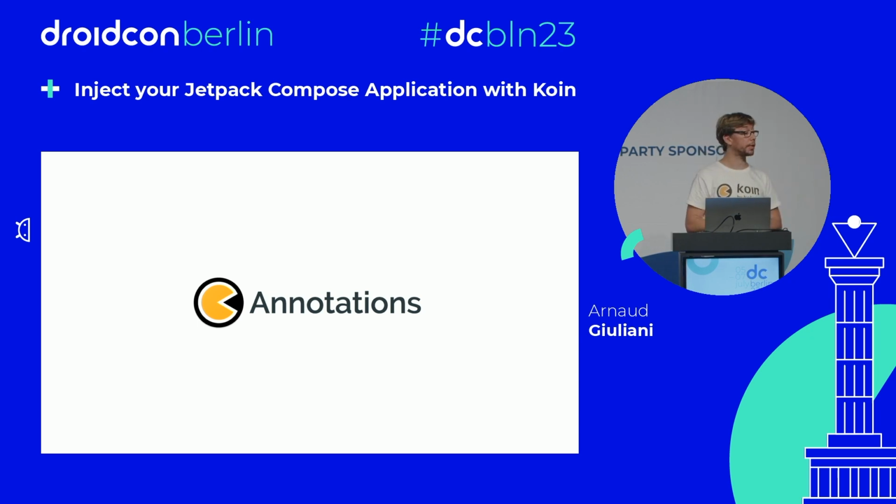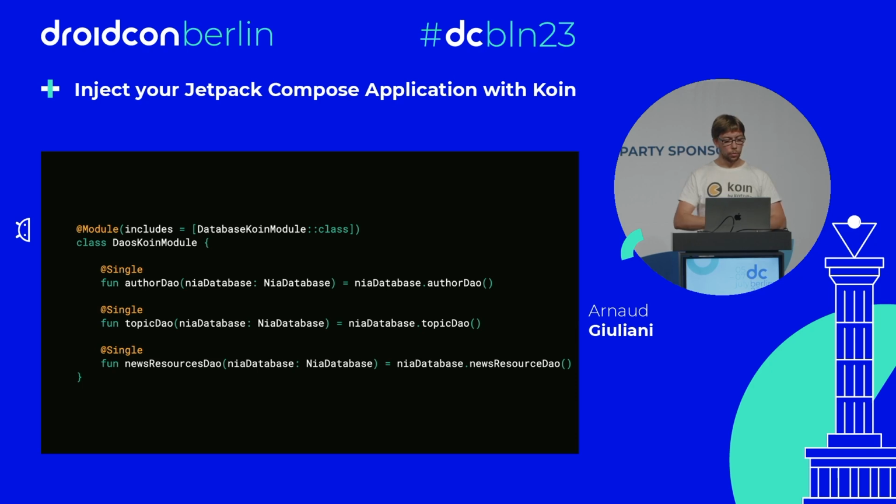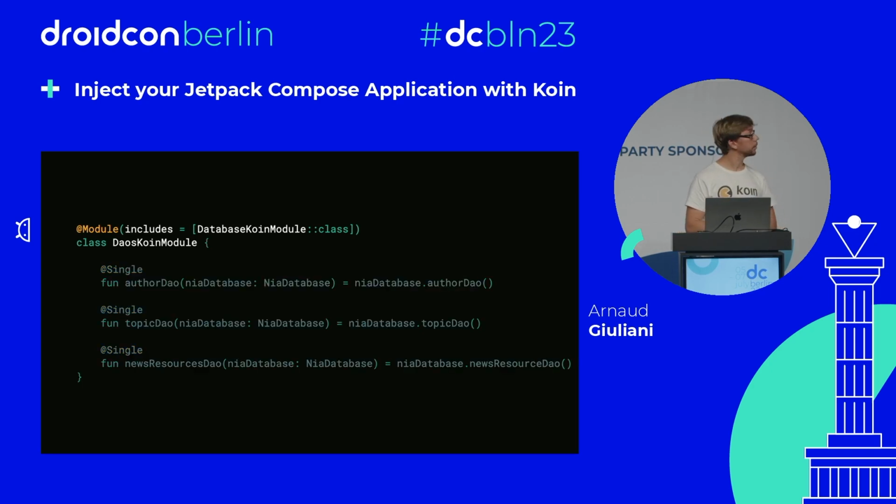In terms of annotation, just to make a parallel between those two kinds of usage of the same Koin system, we are using, for example, the DAOs, and then what we need is a class module, and then we tag it module, and then we can say includes if we need another includes.